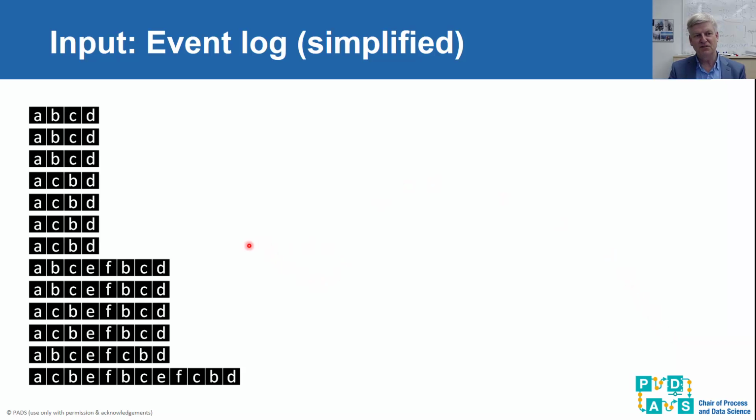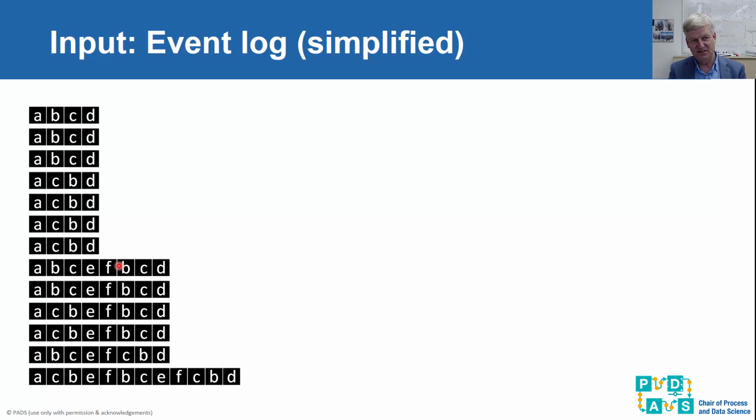So I'm just going to sketch the approach. So we load as input a bunch of traces. So every trace that you see here corresponds to a case. Note that this is technically a multi-set of sequences of activity names. That's what we defined before.